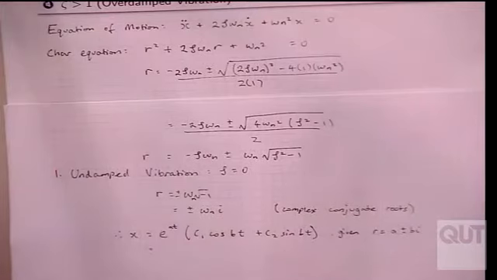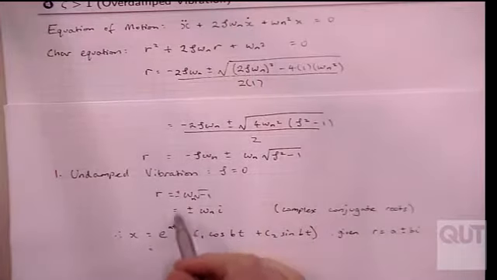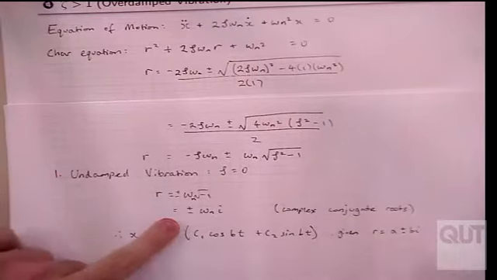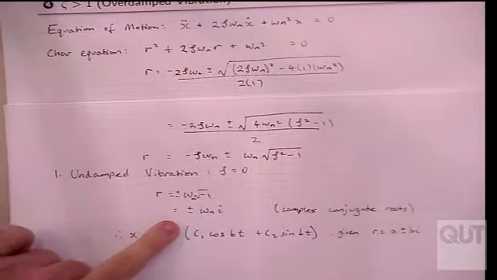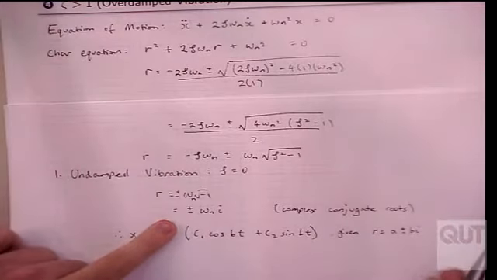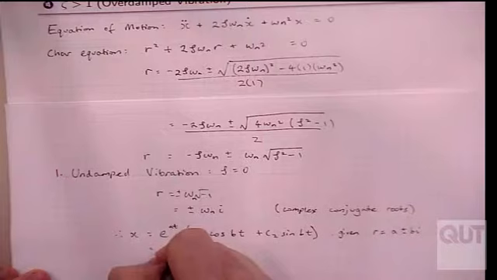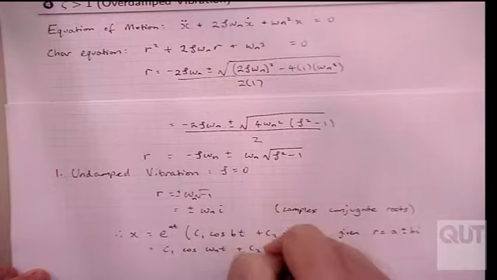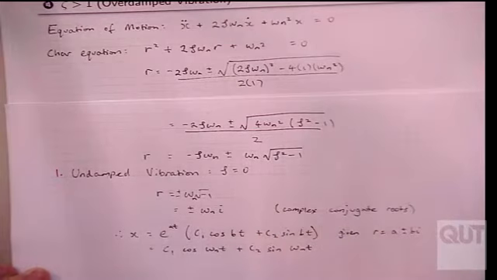Now in this case, the real component of the root is 0. A equals 0, and e to the 0 is 1, so there's no exponential component to this solution. And then b is the imaginary component. b is our natural frequency. So that's what our solution looks like.